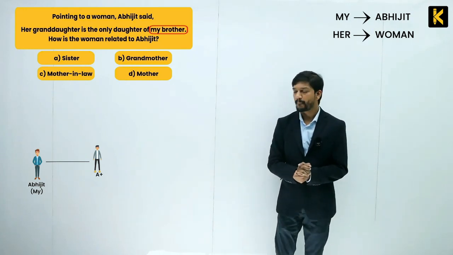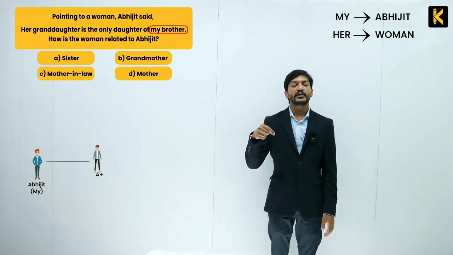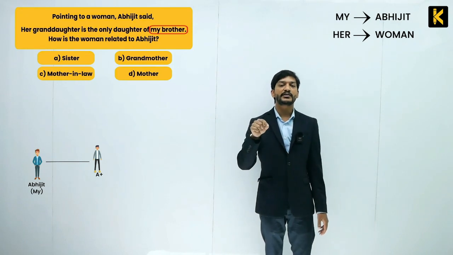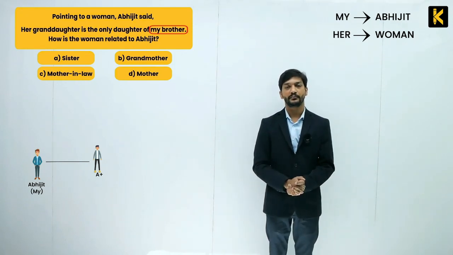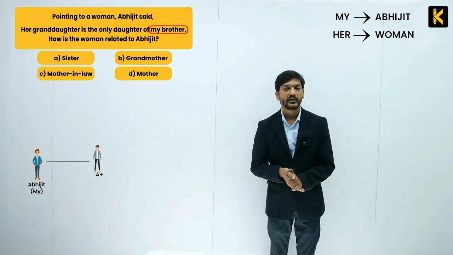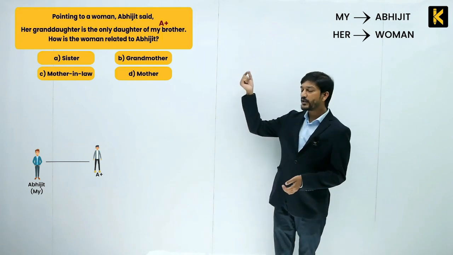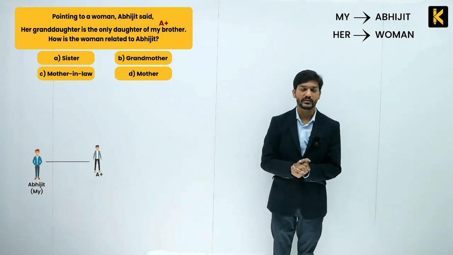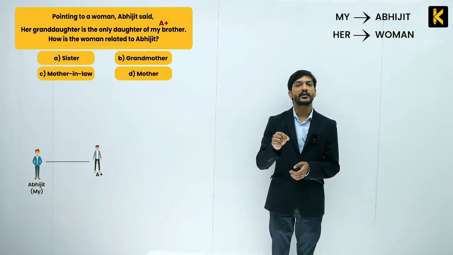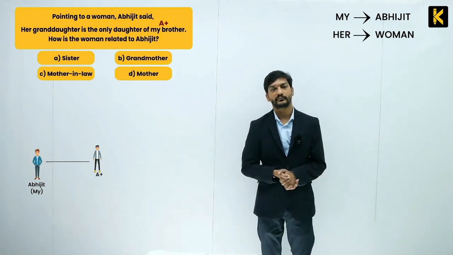So in the diagram, my brother is represented by the letter A plus. Let me show it in the statement for your convenience.